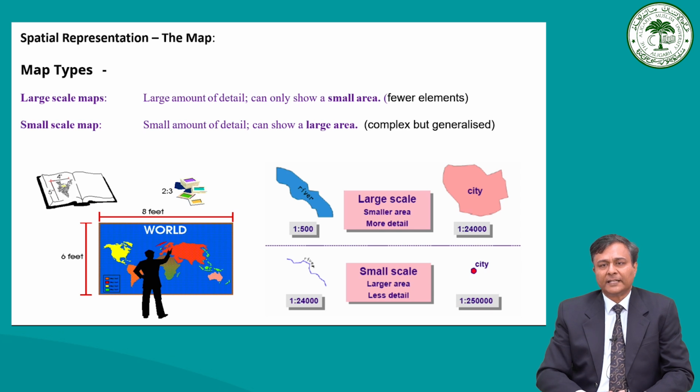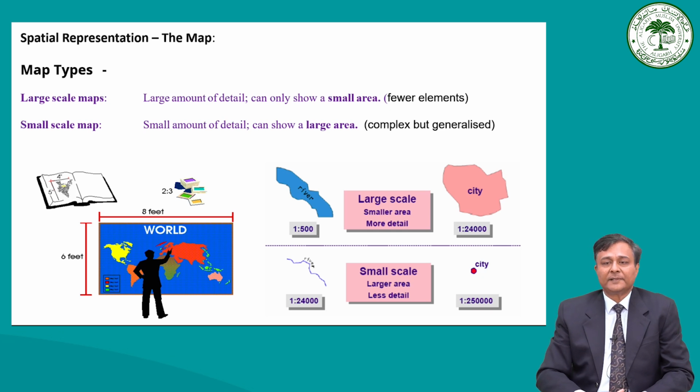Moving forward, I would say that spatial representation can be of different types for different purposes and utility. I mean to say that maps or the representation of spatial information can be made according to the purpose and the utility.